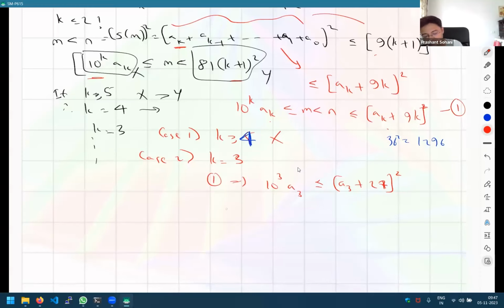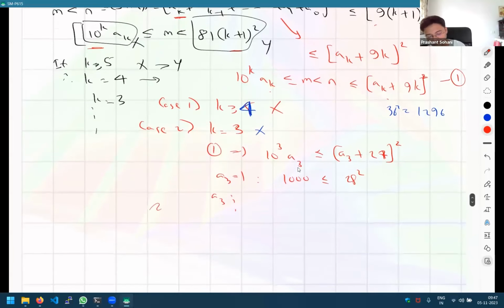If I start with a3 equal to 1, then the LHS is 1000 and the RHS is 28 square, which is definitely less than 1000, and so on. If I keep increasing a3, the LHS is going to keep increasing much faster than the RHS. So we can eliminate this case also.